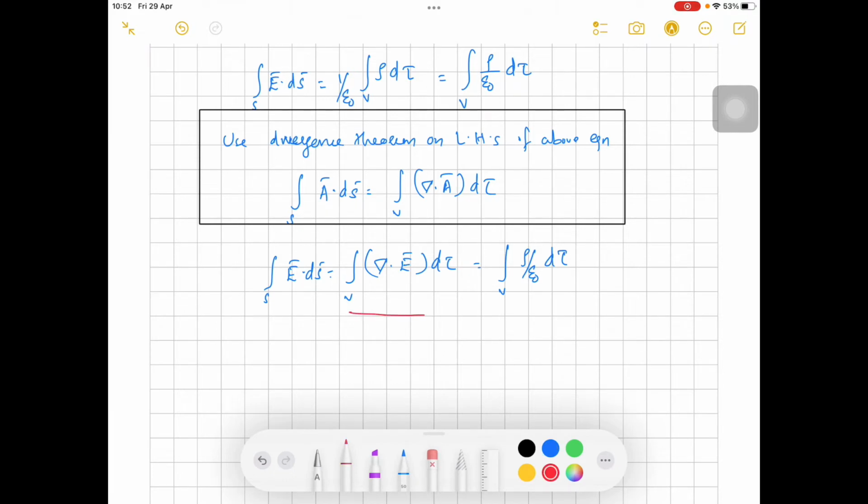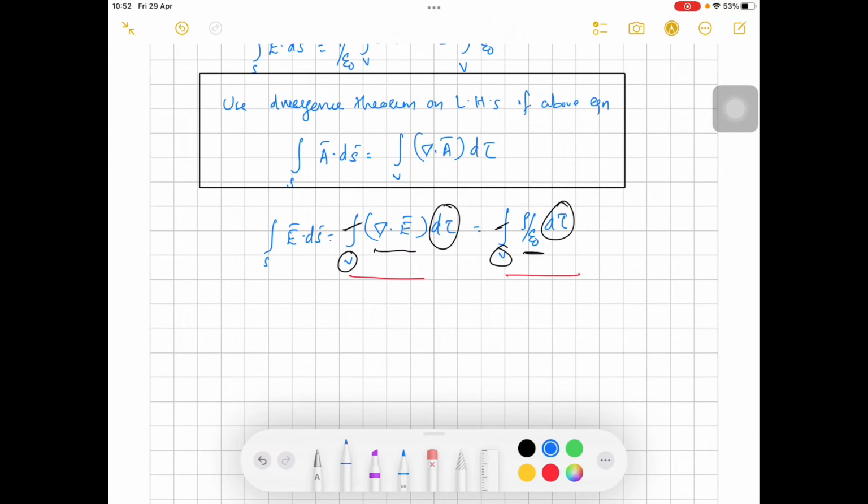Okay, when you compare these two parts, LHS and RHS, there is the volume integral on both sides and d tau is on both sides, so we can find that the term del dot E must be equal to rho by epsilon 0. So from the above equation, on comparing we can write del dot E is equal to rho by epsilon 0.